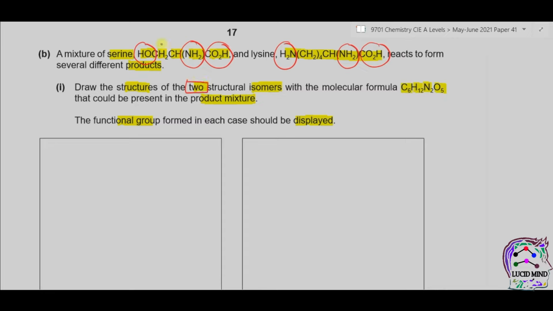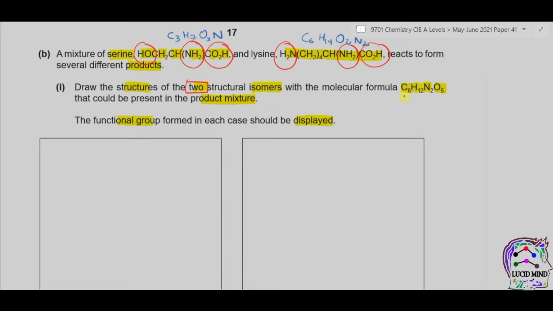We can write the molecular formula. We have 3 carbon atoms in this structure, 7 hydrogen atoms, and 3 oxygen atoms, 1 nitrogen atom. Similarly, in this one we have 6 carbons, 14 hydrogens, 2 oxygens, 2 nitrogen atoms.